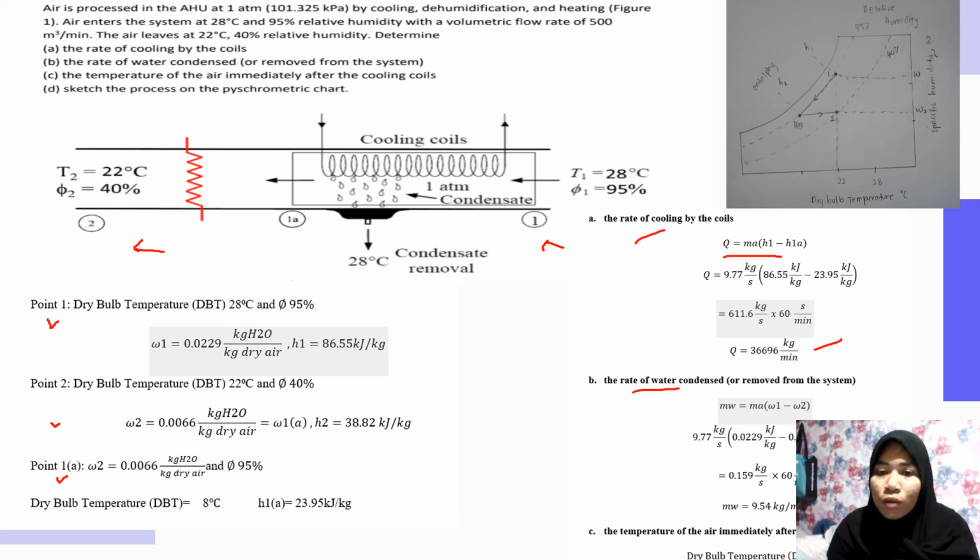Then for the rate of water removed from the system, I used this formula and got the answer. The temperature immediately after is 8 degrees Celsius, which I got from the psychrometric chart. This is for answer D, where I sketched the process on the psychrometric chart.